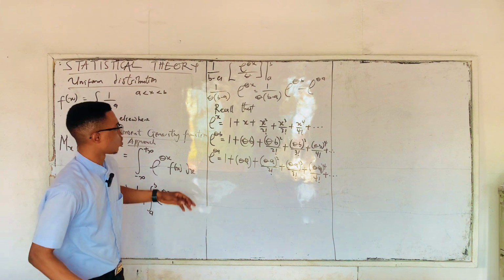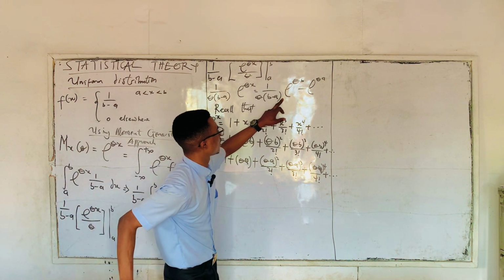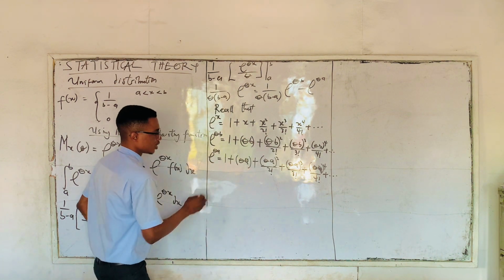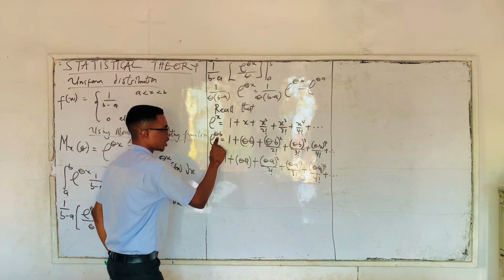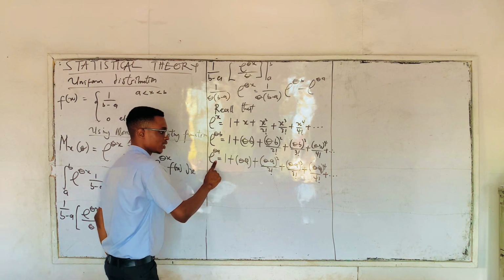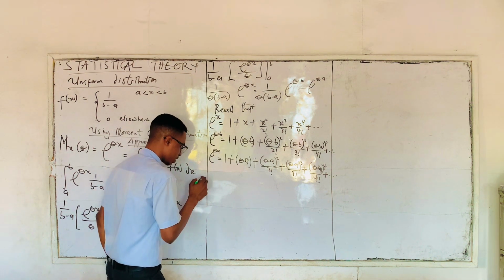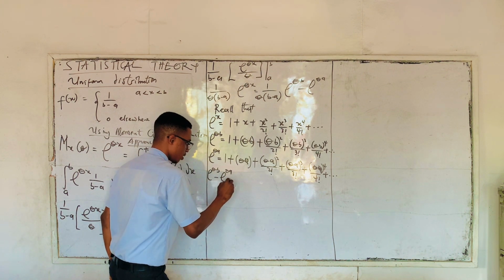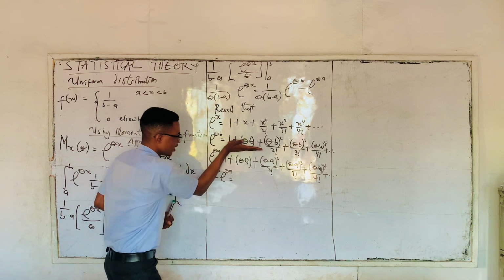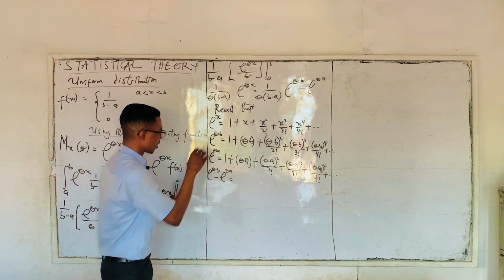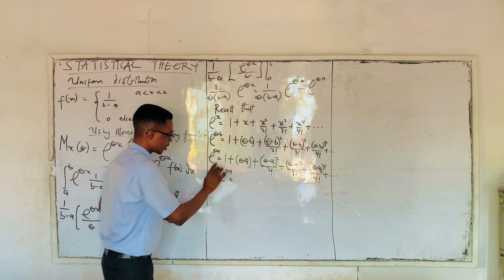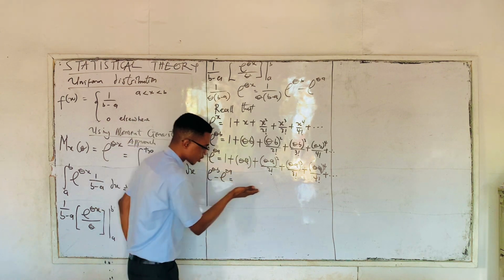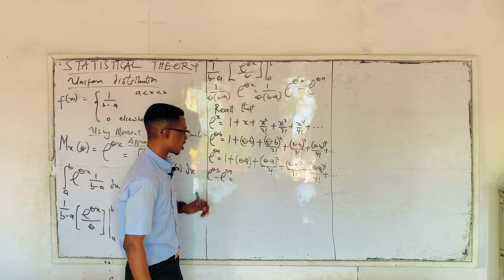Now, don't forget that we are interested in exponential theta b minus exponential theta a. So we've gotten the Maclaurin series of exponential theta b and exponential theta a. Now, to get the Maclaurin series of exponential theta b minus exponential theta a, we take this minus this, which will give us the Maclaurin series of this expression.